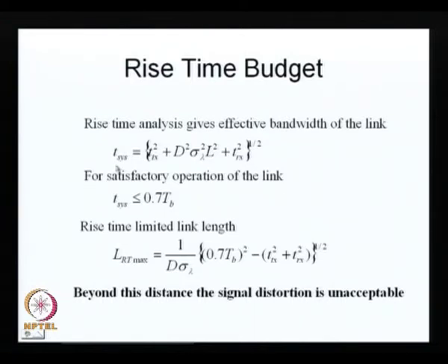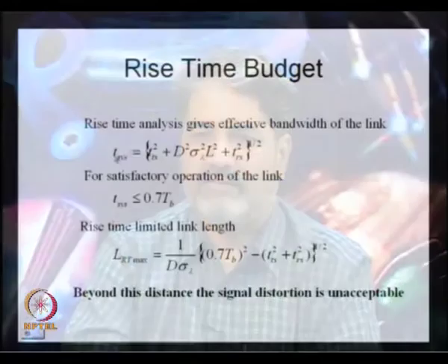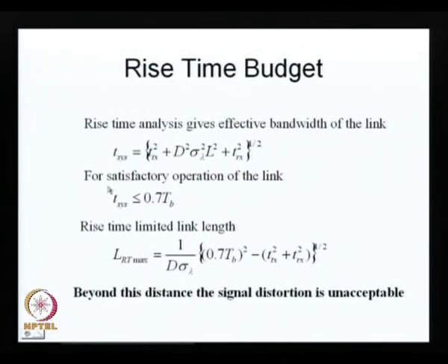So, we define what is called a system rise time, and assuming that these quantities are independent and each one is going to give you a blurring, we can define the root mean square value of the rise time, which we call the system rise time, T system.